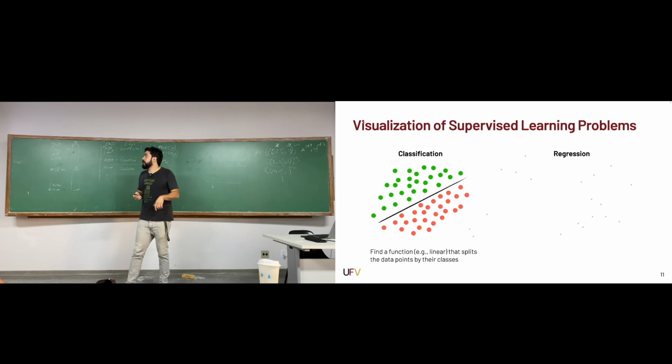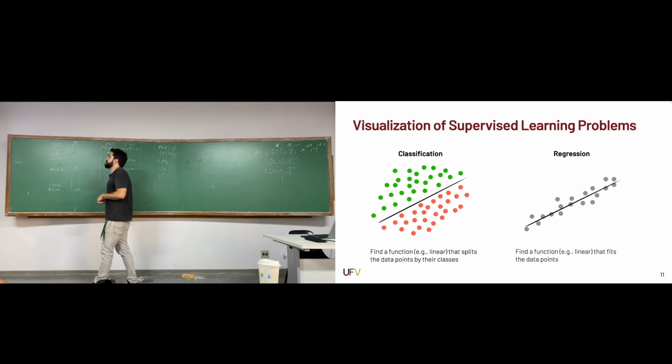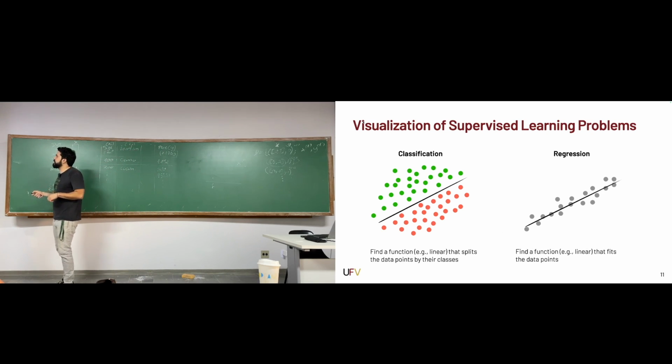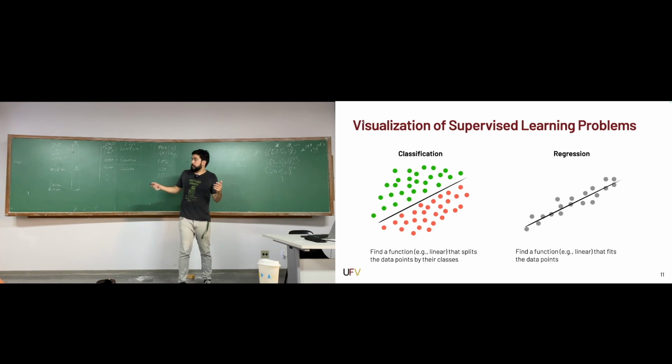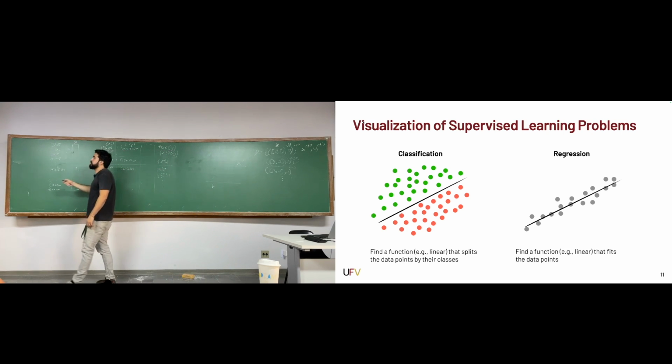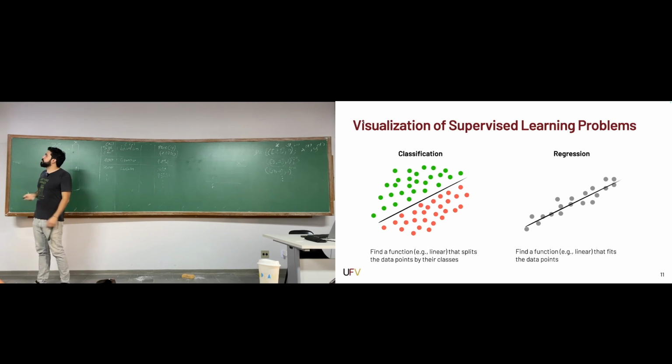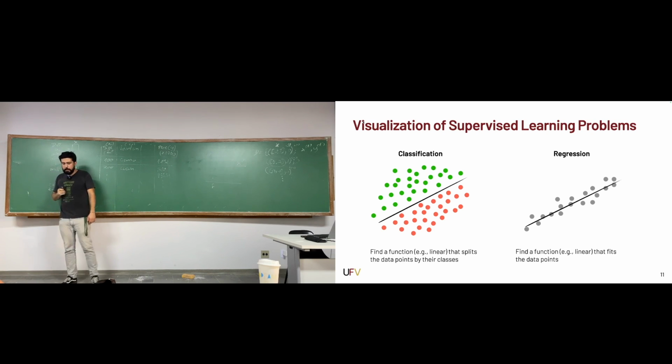And regression is slightly different. We want to find a function that fits the data the best you can, right? And we're going to see many different examples of each of these problems in this course.